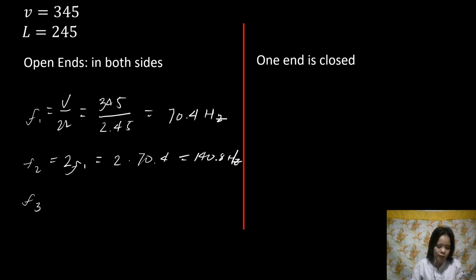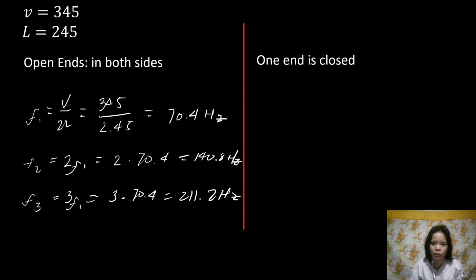And F3 is 3 times F1, which is 3 times 70.4, equal to 211.2 hertz. That is the answer for the pipe open at both ends.